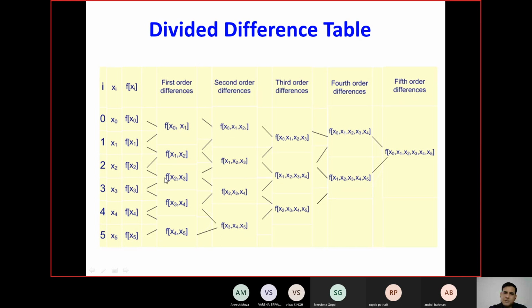Then in the case of the third, you are again going from here to here, so you have reached point x3. So you got x0 to x3 here. Then the fourth divided difference, then fifth, and you continue till you get the last point. Is that fine? Yes, sir.